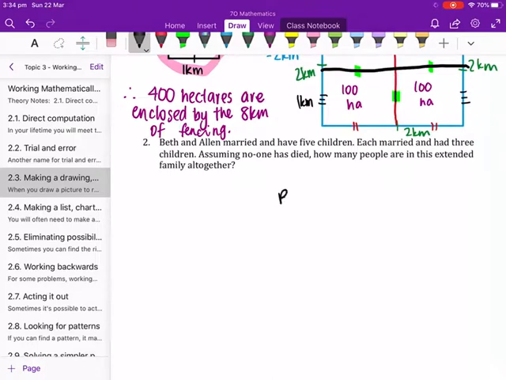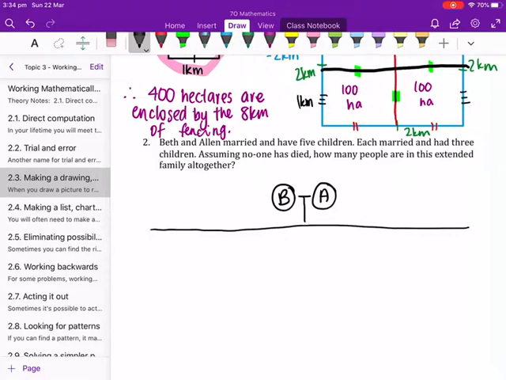So we are going to say that up here we have Beth and Alan. There are 2 people that started off our family, and then from them they had 5 children.